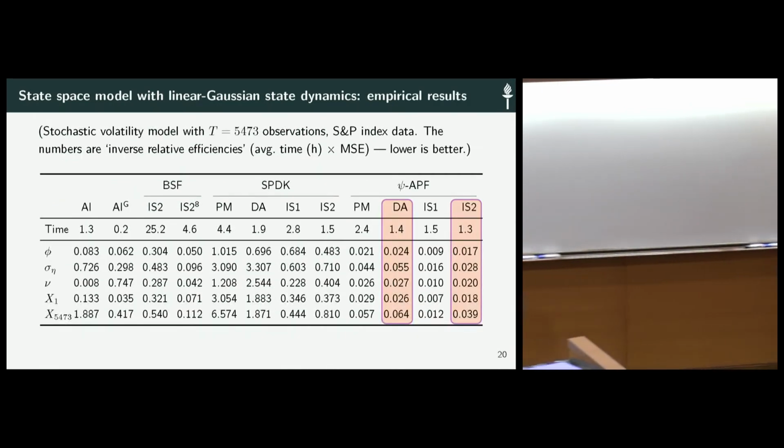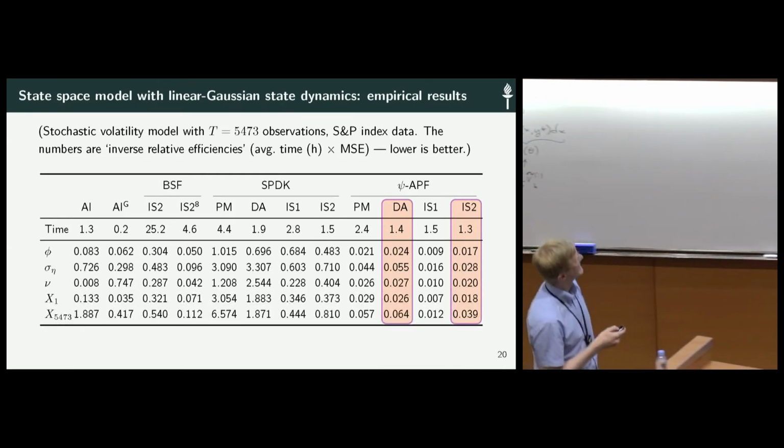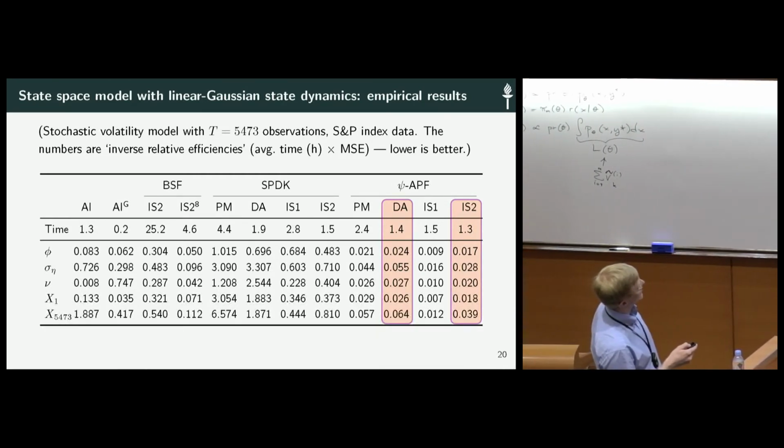I want to highlight the ones that are highlighted there. If you think about the best way to do the correction, DA actually does a bit better than pseudo-marginal, or particle marginal Metropolis-Hastings, where you also use the approximation within your PMMH to do the twisting.